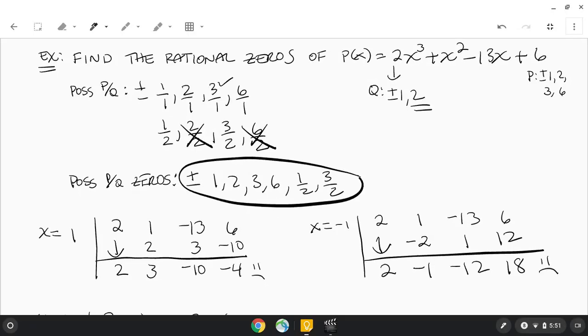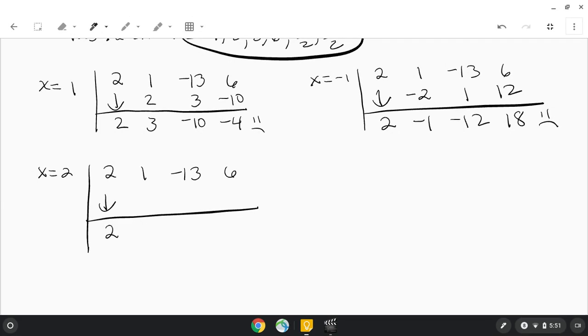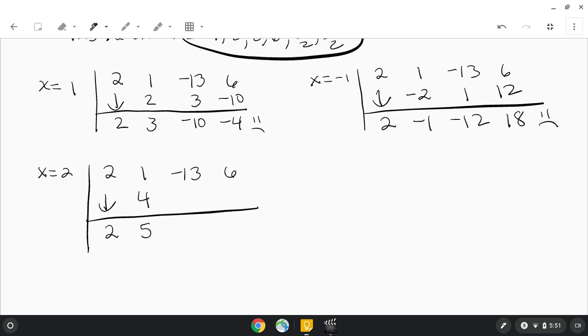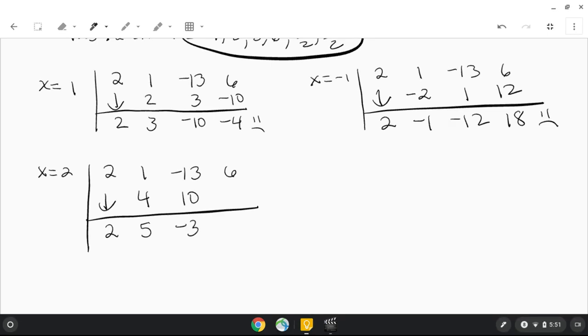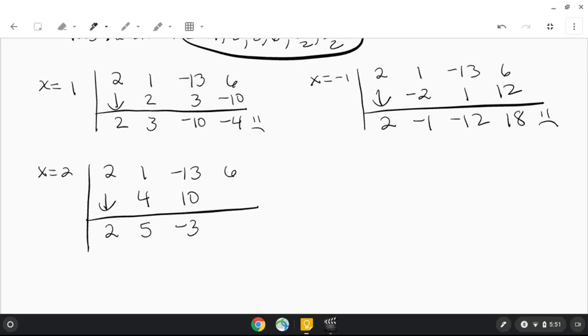Yes, it is. 2 times 2 is 4. 4 plus 1 is 5. 5 times 2 is 10. -13 plus 10 is -3. Uh-oh, look at here. 2 times -3 is -6, and we do get 0 for our remainder. So happy face here inside the 0.